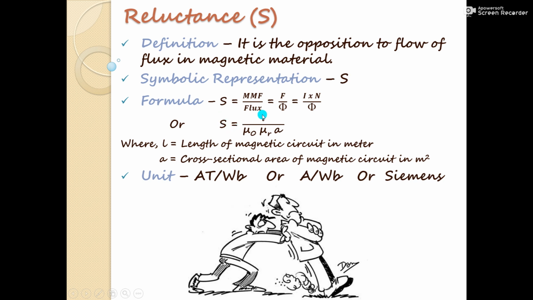So S can be written as L upon mu 0 mu R A, where L is the length of the magnetic circuit in meter and A is the cross-sectional area of the magnetic circuit in meter square. So the unit for reluctance is ampere turns per Weber or ampere per Weber or Siemens.